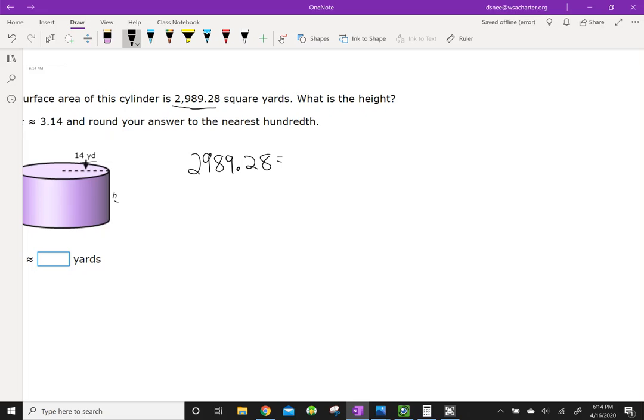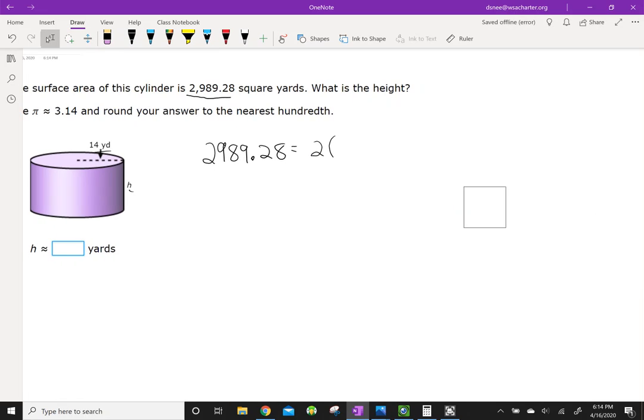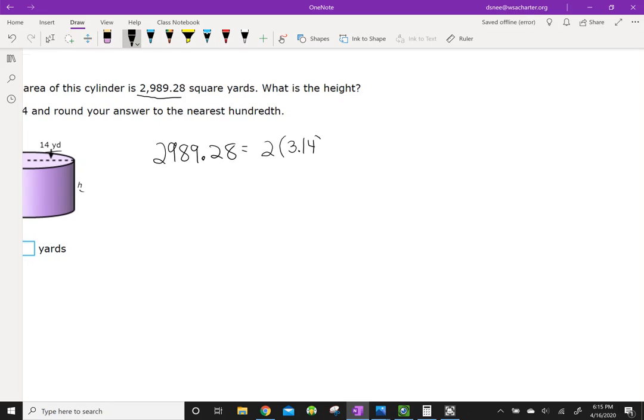I know that I find the area of the 2 circles at the top. So 2 circles times pi r squared, 3.14 is pi, and r squared. Okay, that's going to be the 2 circles.